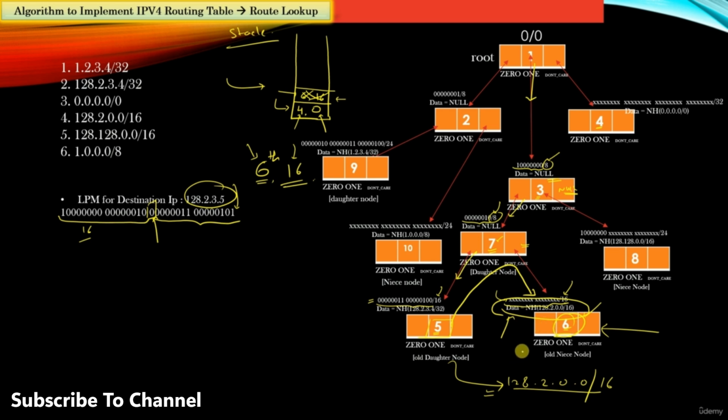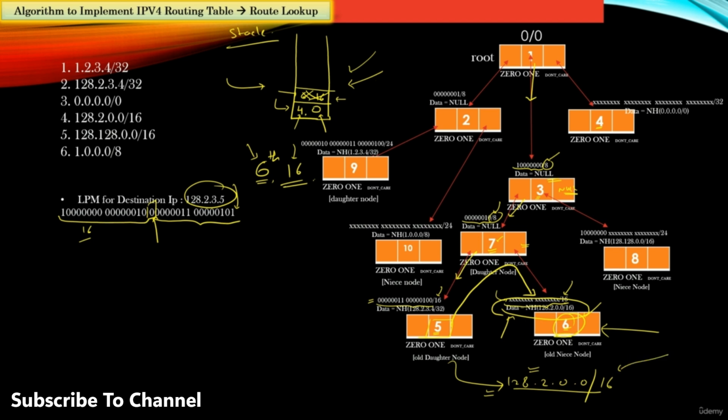Note that when your route lookup algorithm ends, it is not necessary that your stack should be empty. Your stack may have some elements by the time you have found the route of your interest. So you have to discard or destroy the stack the moment you find the route of your interest.